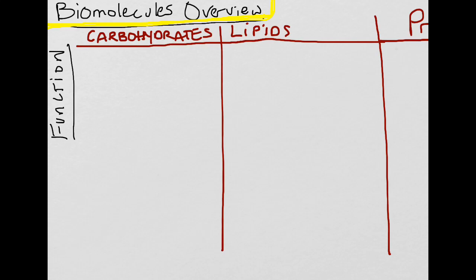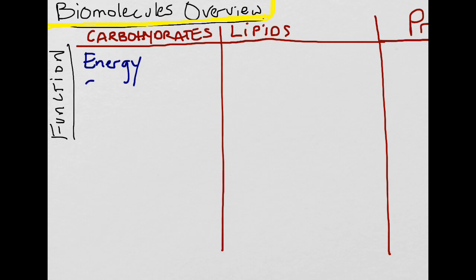Okay, so first, function. Function of carbohydrates. Lots of functions, but we listed just a few of them here. So energy. We need, for example, glucose to burn to make energy. We also need the complex carbohydrates as storage of energy, like glycogen. Okay.